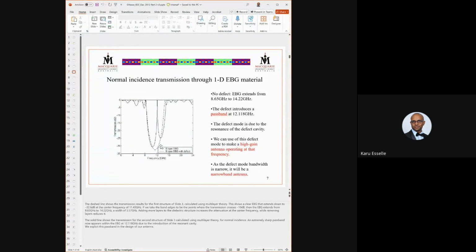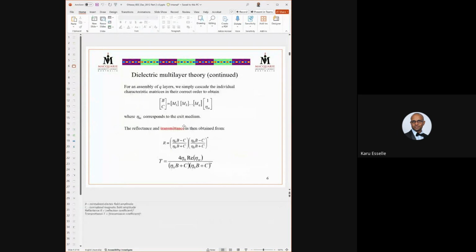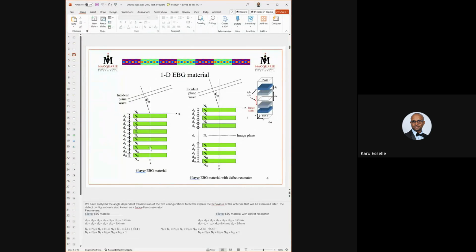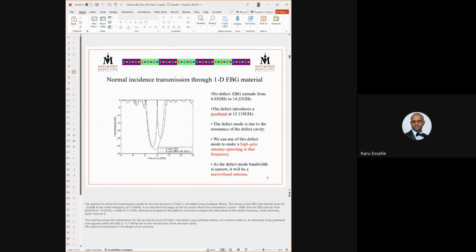If you don't have a defect, that means if you simulate something like this, as I said before, it has a band gap in Z direction. So your transmission curve looks like this. This is transmission in dB.